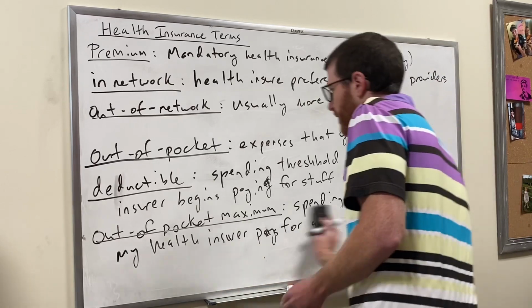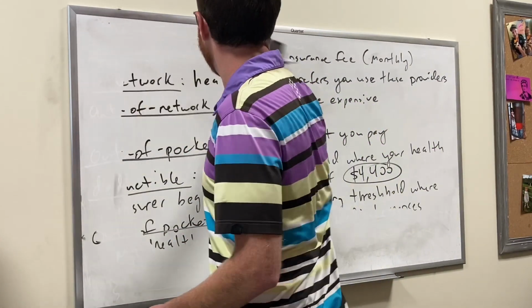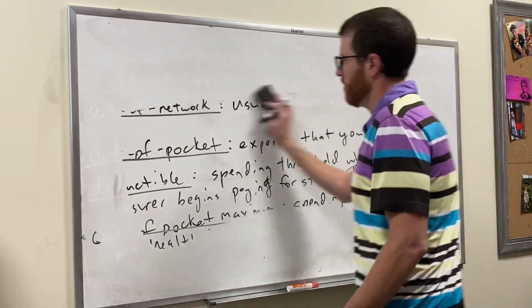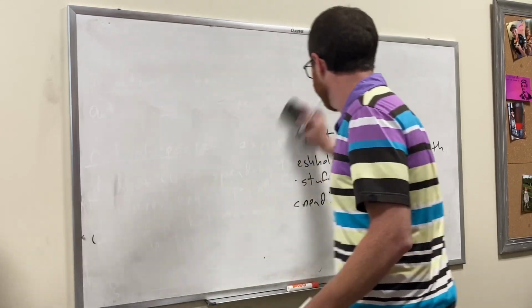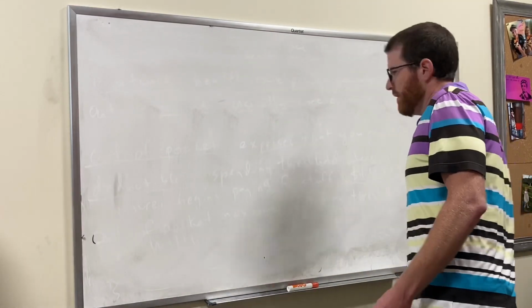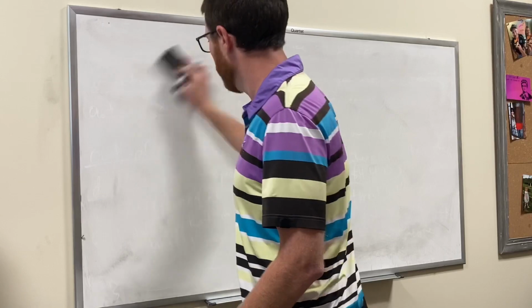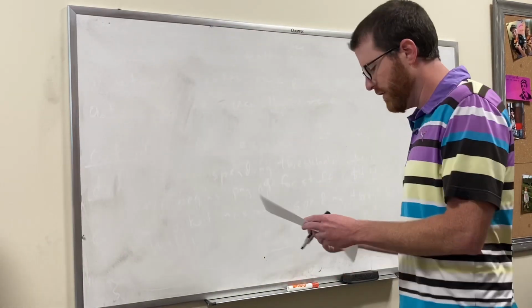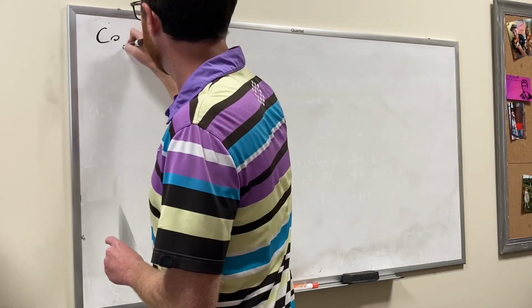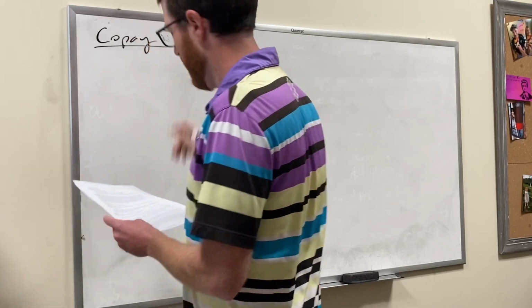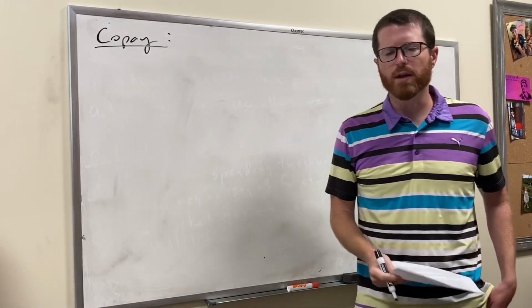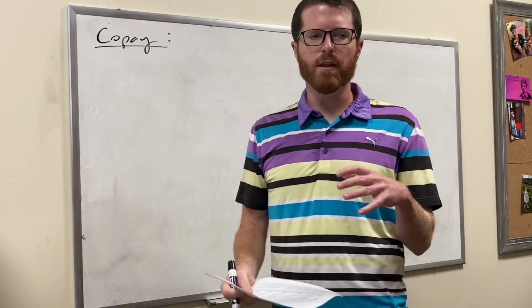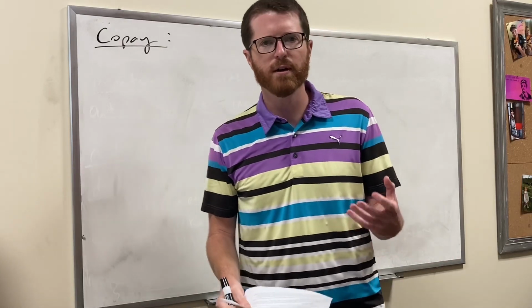Okay, so I'm going to erase this. Continuing on with my terms. Just trying to give us the tools that we need to discuss this in greater detail. So a copay. This is something that we're going to see more in the comprehensive medical systems.